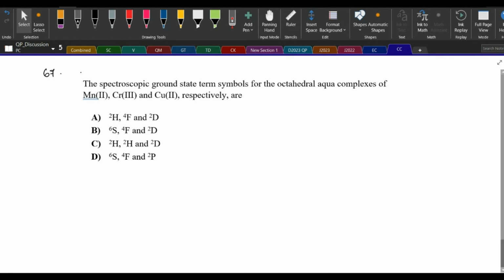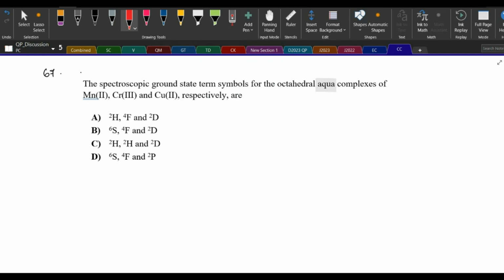Now we already have that the given ligand is aqua. Aqua complexes means water is the ligand, and we all know that water is a weak ligand. When a weak ligand comes, we look at how we fill the electrons.